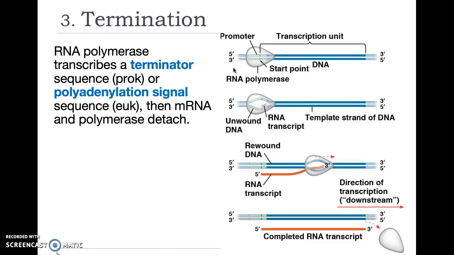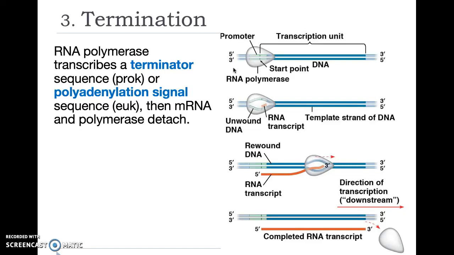RNA polymerase is going to make a polyadenylation signal. Now, what that is, it is a code. The code of this signal is AAUAAA. Once mRNA has that 6-letter code, the RNA polymerase is going to detach itself, and downstream the mRNA will be cut.